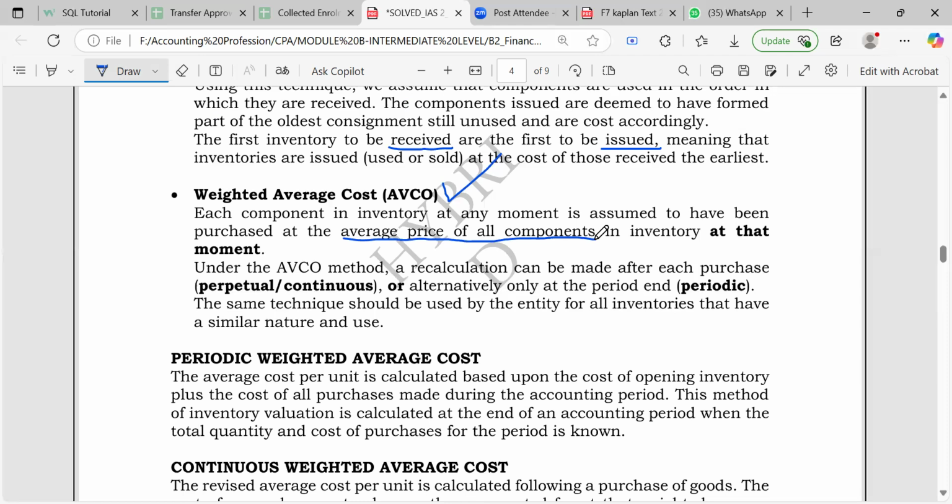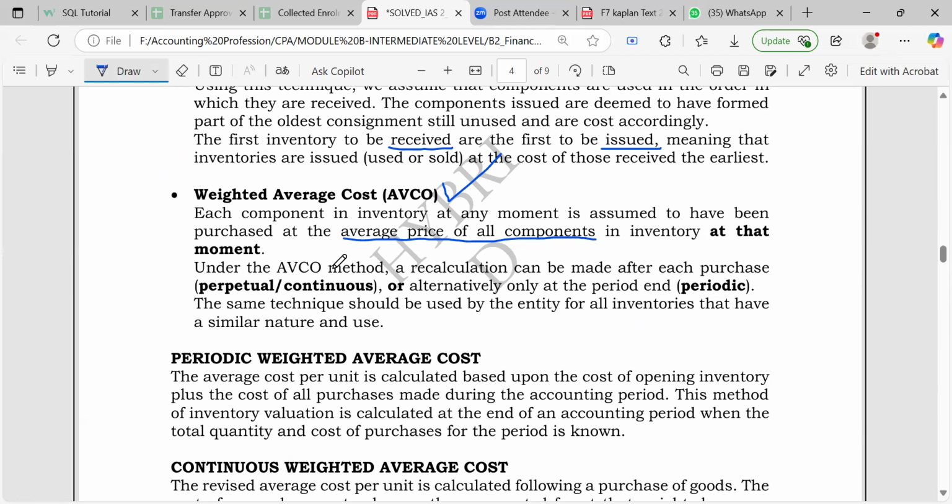When you say first in, first out, it means those items are already distinguished, so each one stays with its own price. But as for the average cost, we don't base it on the actual cost of those inventory because we presume them to have the same age, so you can't differentiate them. So you will use the average cost.